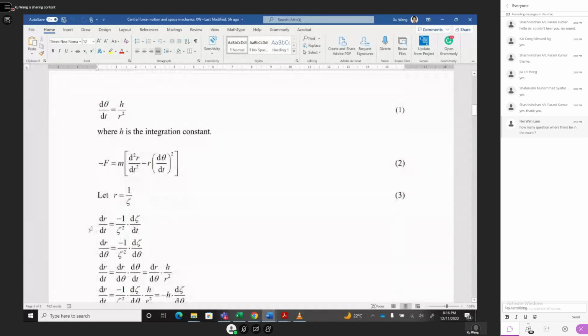And then we replace d/dt by d/dθ, because they cancel. From there we have dr/dθ, you multiply dθ/dt, and dθ/dt equal to h divided by r squared.